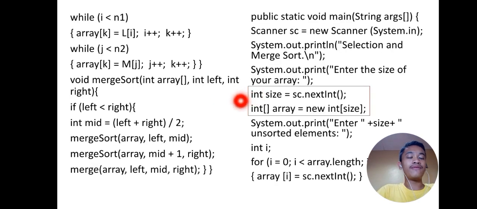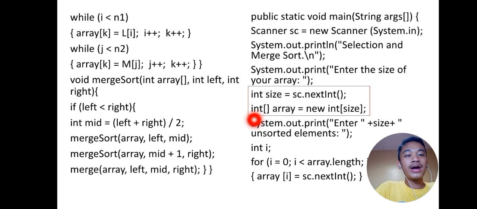So we have the initialization of the integer variable size equals sc.nextInt. This code will allow our user to input a number into our variable size. Any number will be the value of the size inputted by the user.